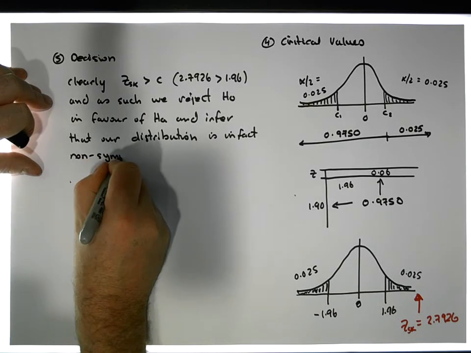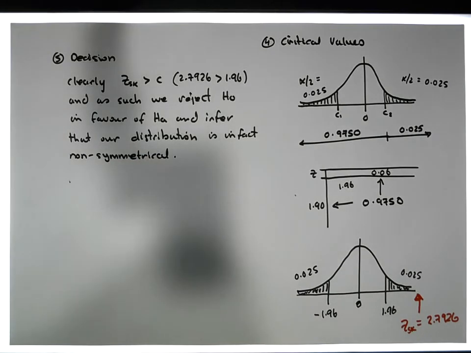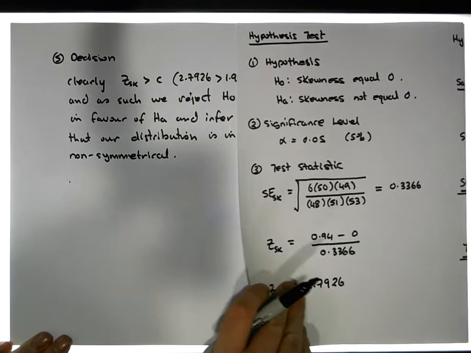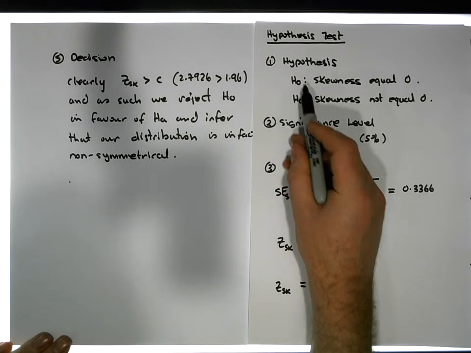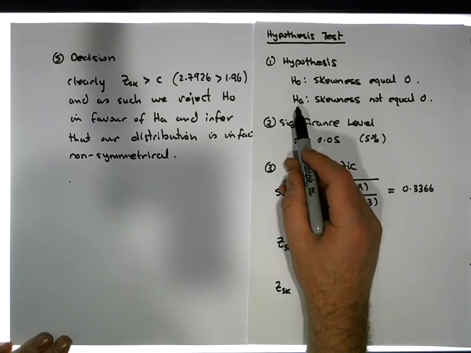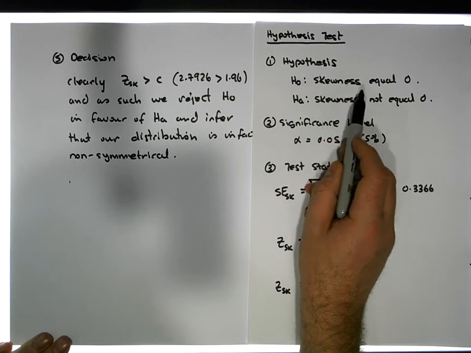It's not symmetrical, okay. Now, I have a word of caution here for you. Just because this particular test has shown that we're rejecting the null hypothesis, if we did fail to reject the null hypothesis, all that means is that there's no evidence to suggest that it's skewed.